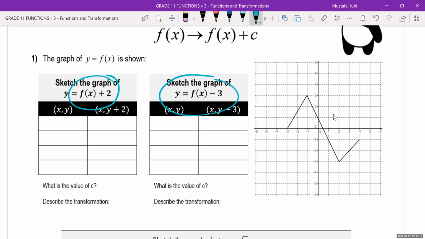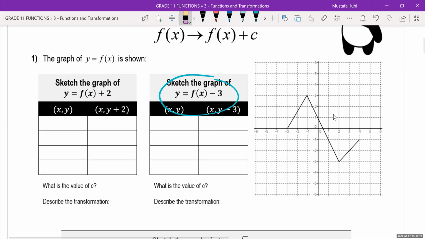And you're probably saying, well, this is pretty easy. I'm just going to take every point and move it up 2 units or move it down 3 units. And you're right. However, that way is going to be very inefficient when we get into more complicated functions. So we need a method that works all the time. And that's why we're going to rely on a table of values and mapping coordinates.